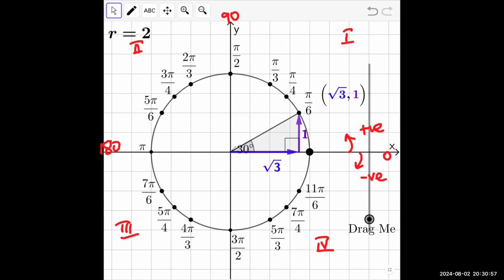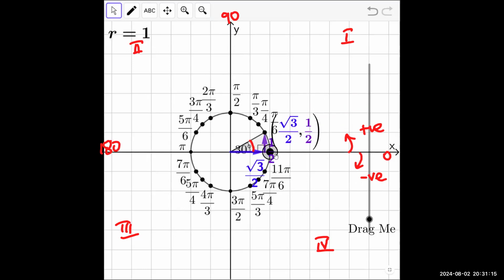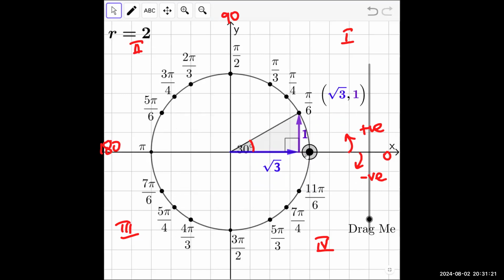The triangle that you see at 30 degrees, they've used a radius of the circle of 2. Instead of this 2, they could have used something simpler, but they've used 2. I can reduce it to 1, but it doesn't let me zoom in, so I'll keep it at 2. So the hypotenuse is 2.